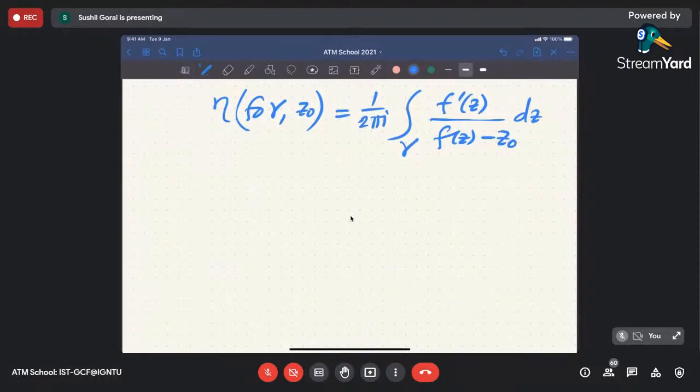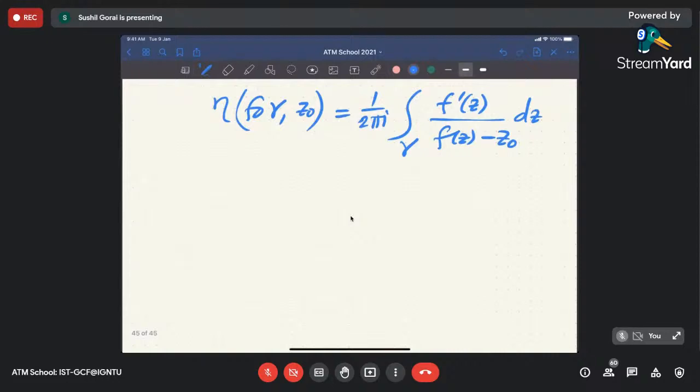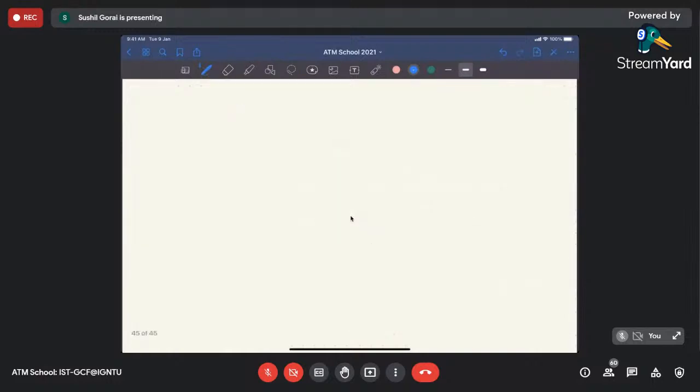Okay, so you try to make a change of variable. All right. So next is Cauchy integral formula.